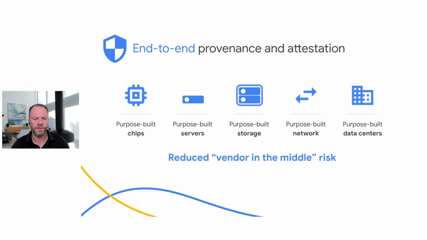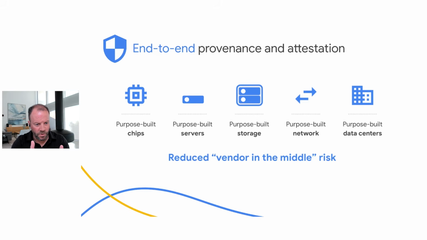So if we were to sum up how Google Maps platform differentiates itself from competitors, we want to start saying that, hey, our platform is different because we have end-to-end provenance and attestation in terms of security. We have purpose-built chips on purpose-built servers, which has information that is on purpose-built storage, travels across a purpose-built network, and purpose-built data centers.